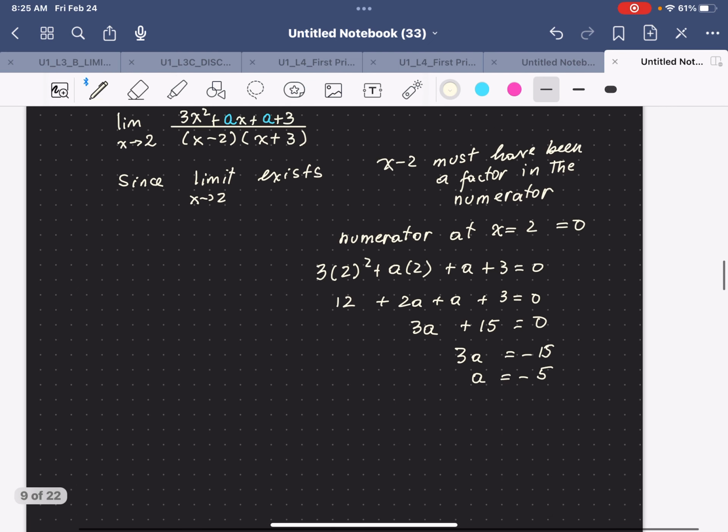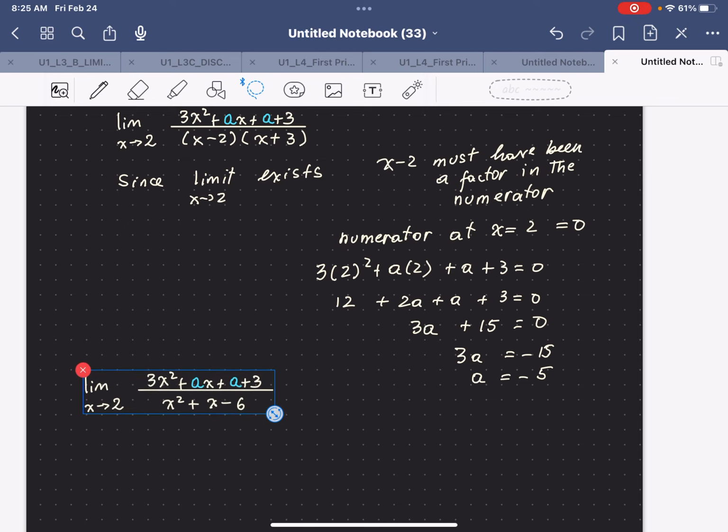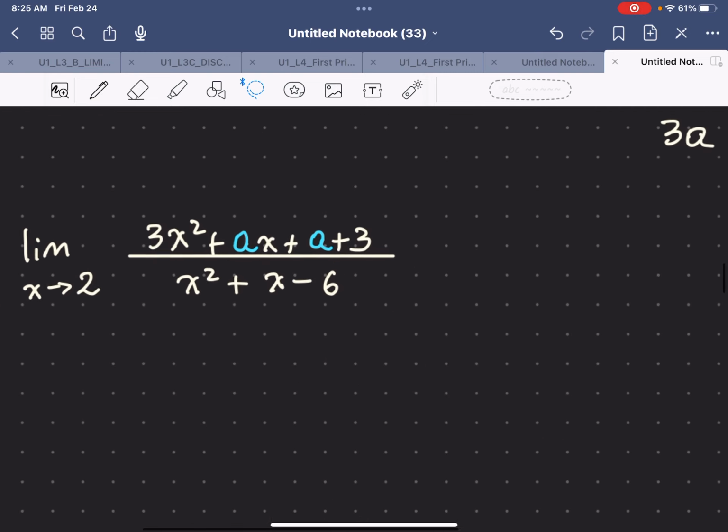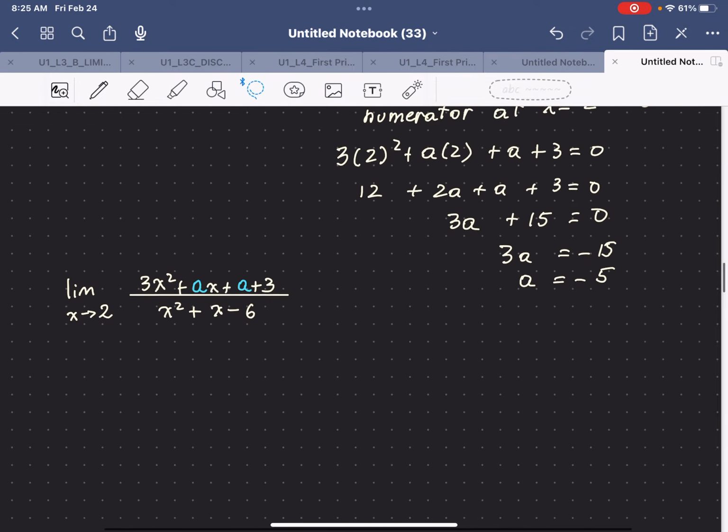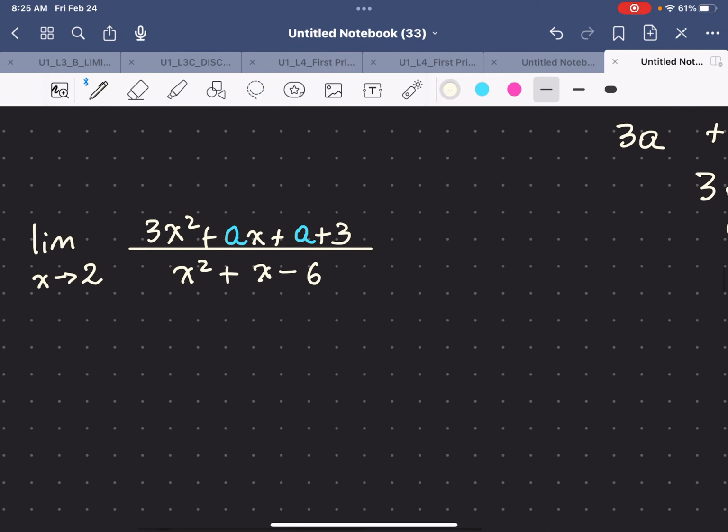So we'll have the limit as x approaches 2 of 3x squared plus ax plus a plus 3. We have the a value of negative 5. So we will substitute a by negative 5. And let's simplify and see what we get from here.